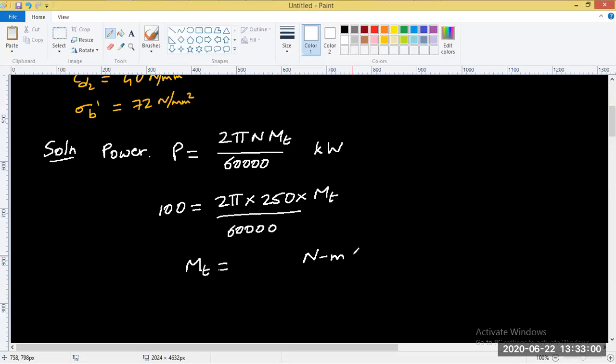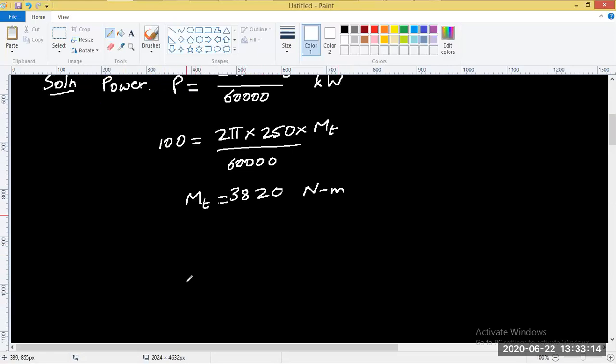That's coming to around 3819, which we can round up to 3820 Newton meters. Let's put this in mm. So MT is 3820 into 10 power 3 Newton mm.